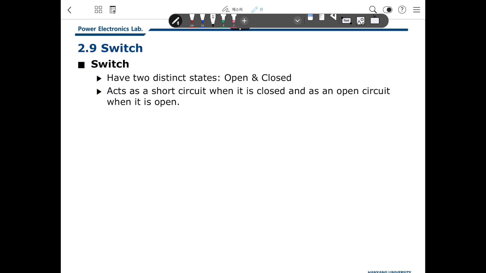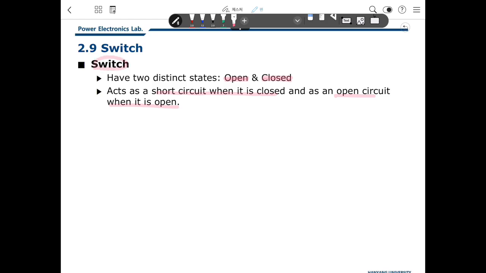The last component we will cover in circuit theory is the switch. This is a very important characteristic of it. A switch has two distinct states, open and closed. It acts as a short circuit when it is closed, and as an open circuit when it is open.